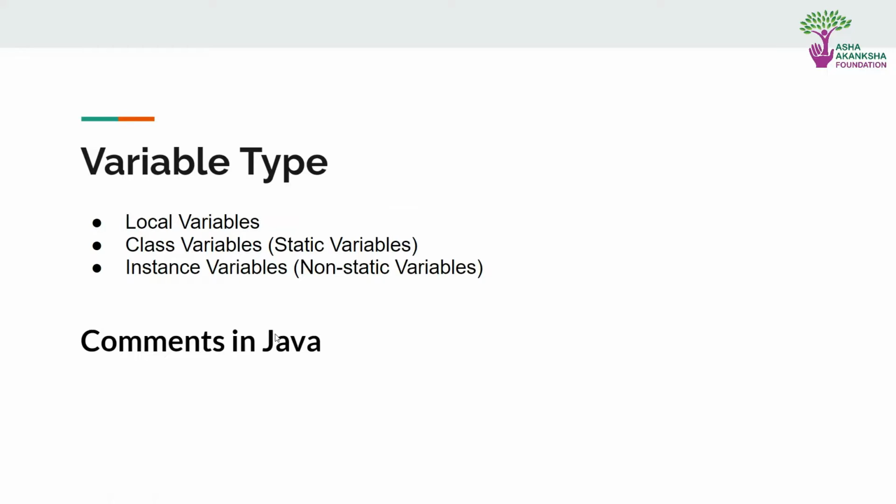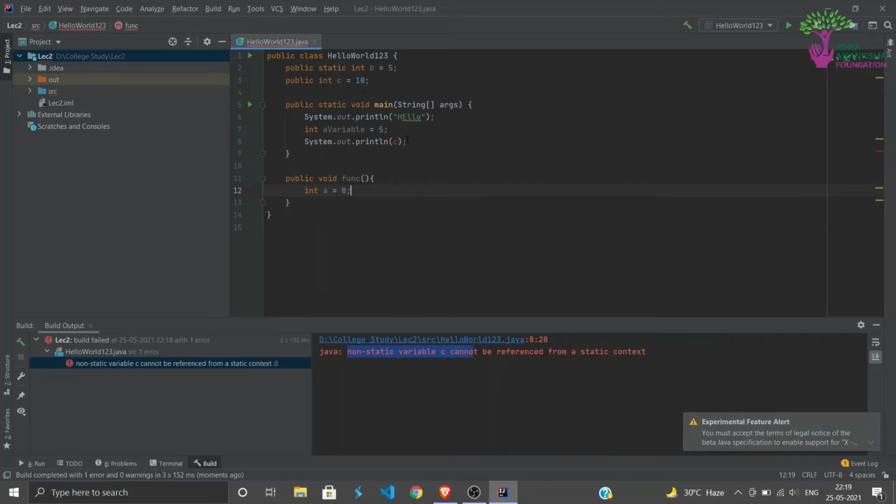And then comes the comments in Java. Let's say you want to work on this and you don't want to print this line. What we can do is press Control plus slash. Then this is basically commenting. This double slash, you can also manually put. So double slash is a comment.